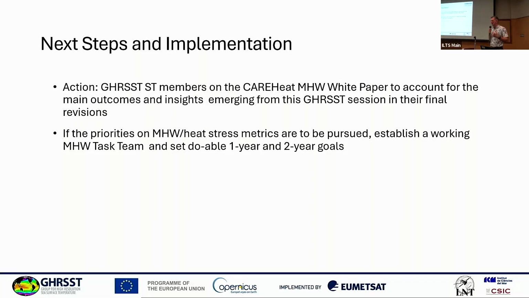And personally, as I said in the previous slide, in my view, this particular idea of how the uncertainties in our data propagate through to these metrics is an area that is more GRIST appropriate than the whole realm of marine heat waves, because I think that does require the sorts of data understanding that we have in this team. But that's my view, and it's really up to science team members who are interested in this topic to generate this task team activity. So that's my comments.